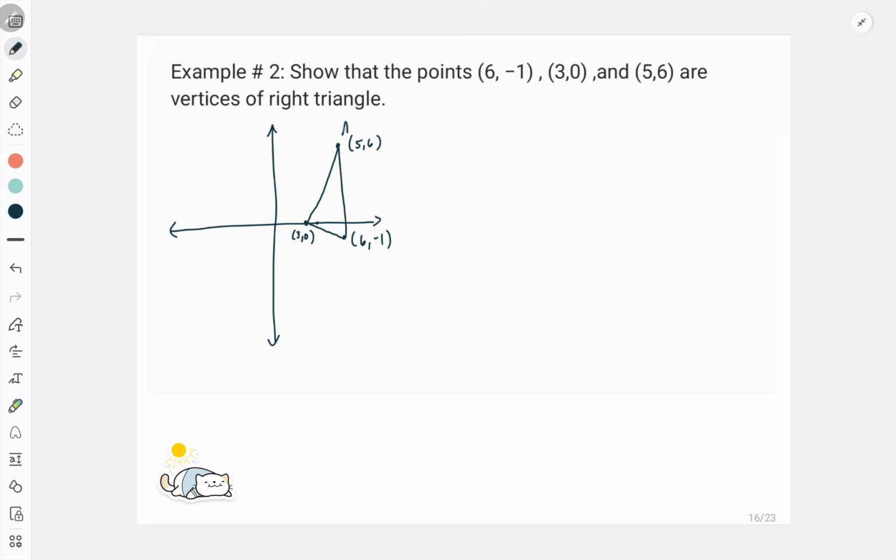Okay, then let's label the points again: point A, B, and C. Then get all the slopes. So let's say slope of AB, slope of BC, and slope of AC.